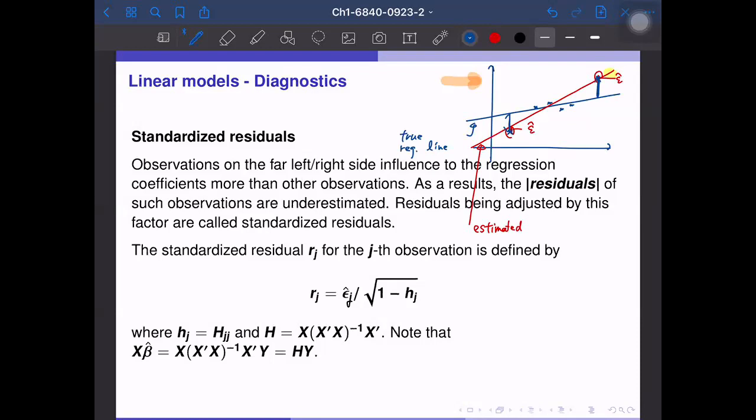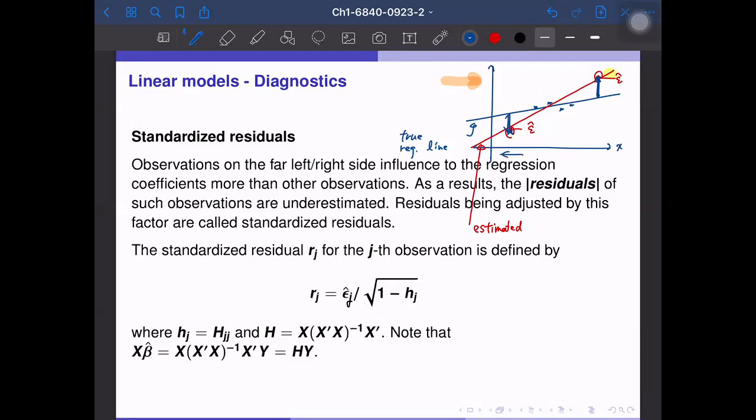So in this case, epsilon hat becomes artificially small because originally epsilons are large, but the epsilon hat is very small because this observation itself affects this regression line. So in this way, you can recognize that epsilon hat tends to be smaller when x goes to most left-hand side or right-hand side.